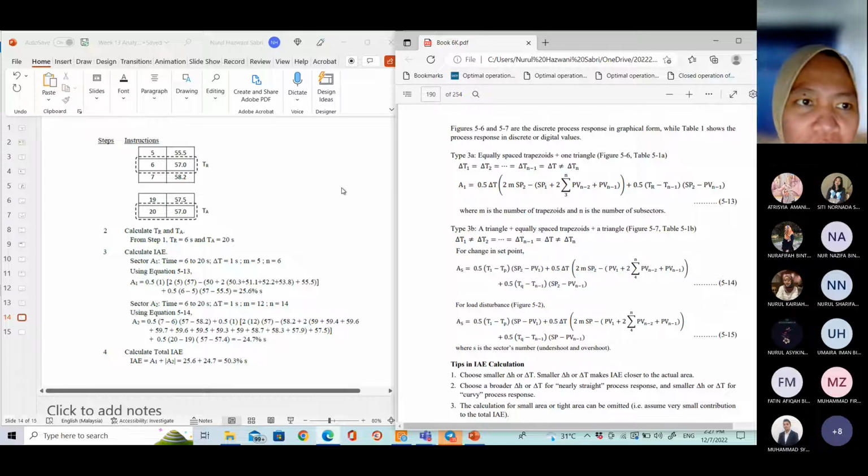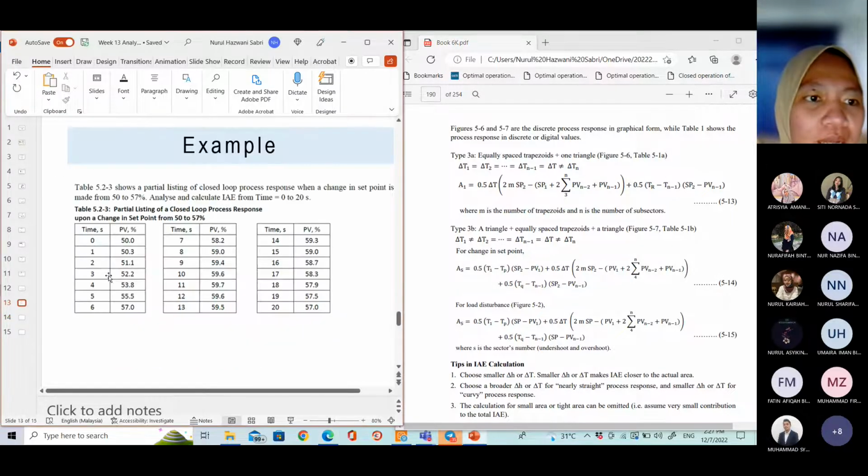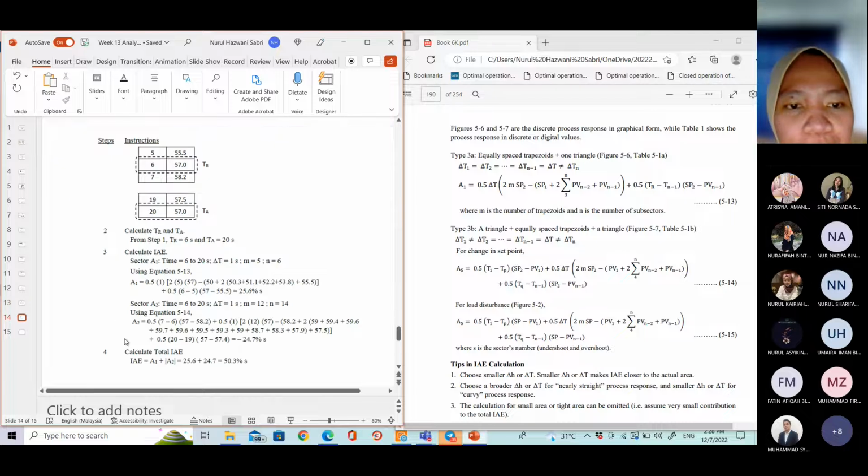Kalau you tak confident, you boleh calculate balik lah. Basically your 5 to 6 is definitely for the triangle. So 0 to 1 is trapezoid, 1 to 2 is trapezoid, 2 to 3 is trapezoid, 3 to 4 is trapezoid, 4 to 5 is trapezoid. So you will have M equal to 5 lah.